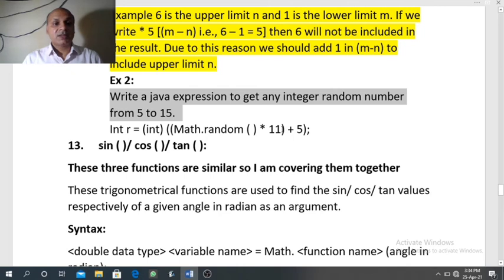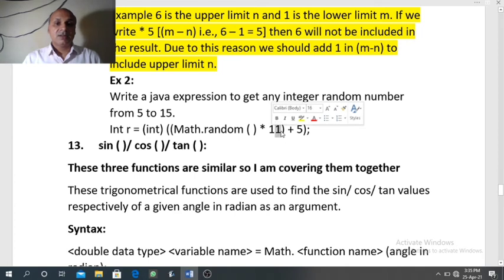So now the difference n minus m, 15 minus 5 will be 10, but we will not write 10 here, we will write 1 extra, that is 11. Reason is same, when we write 10 here, the difference of 15 and 5, then in answer we will not get 15, we will get only up to 14, and here lower limit 5 will be written as it is.